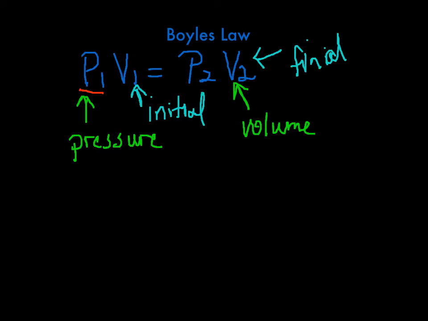So P1 represents initial pressure, V1 represents initial volume, P2 is final pressure, and V2 is final volume.